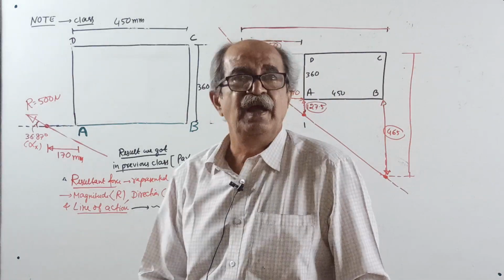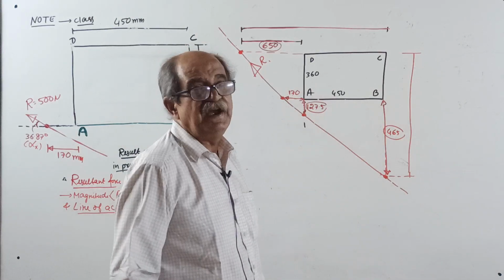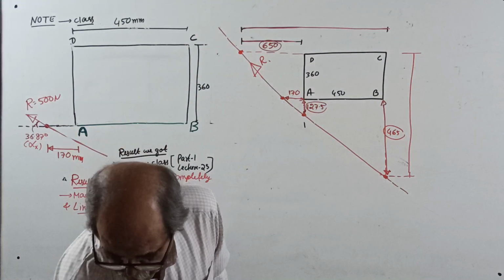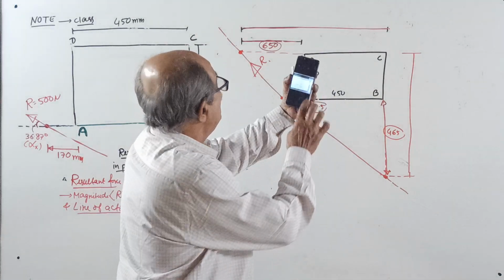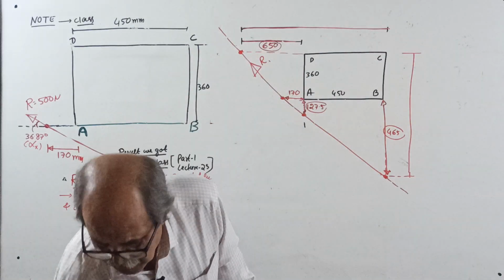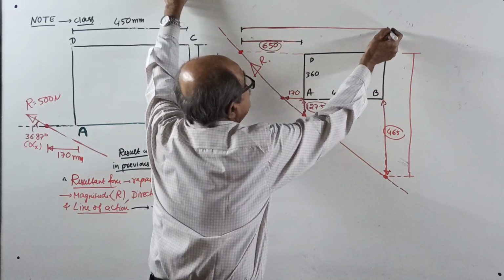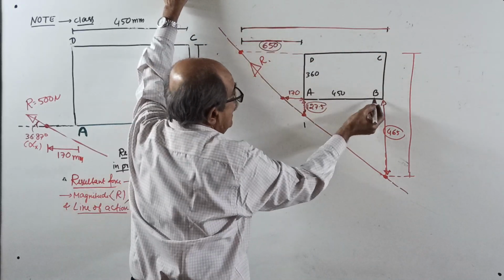I took a photo and neatly entered the answer, because when I rub, I cannot see it. Whatever I wrote last time, I took a photo of that, and then seeing the photo, I entered the answer. Now see, this just now you got 465. Suppose you want this distance to be 650, add 450.